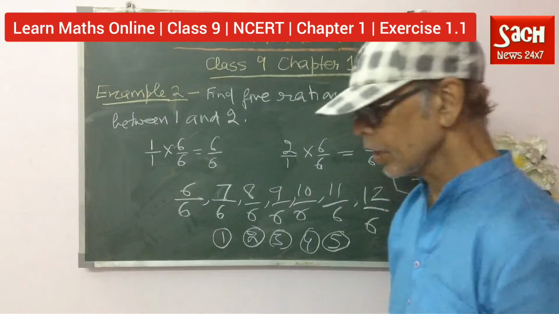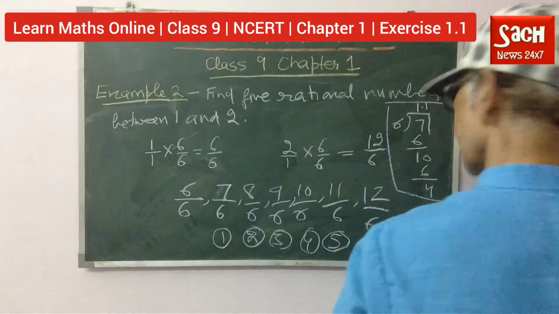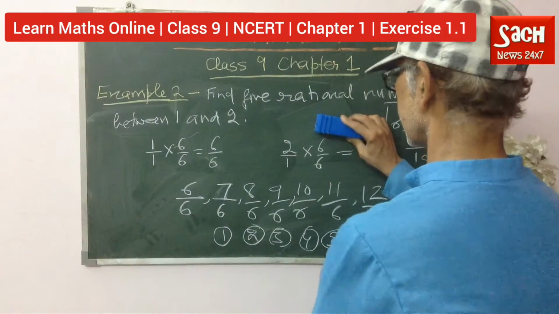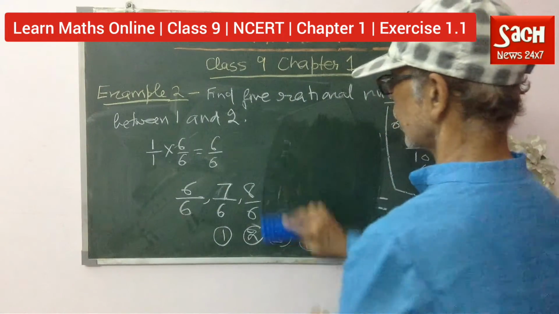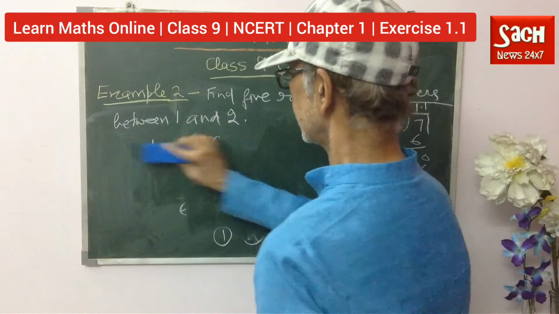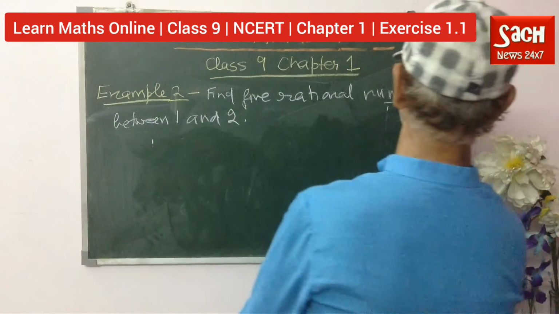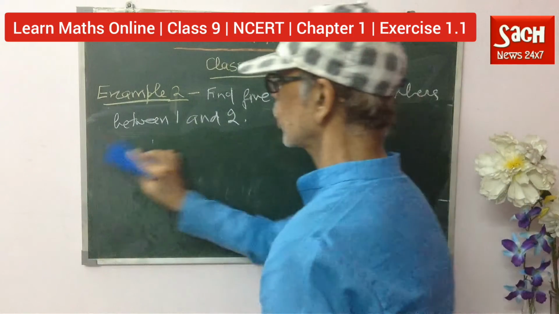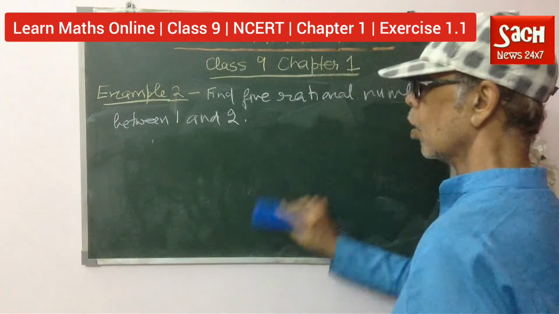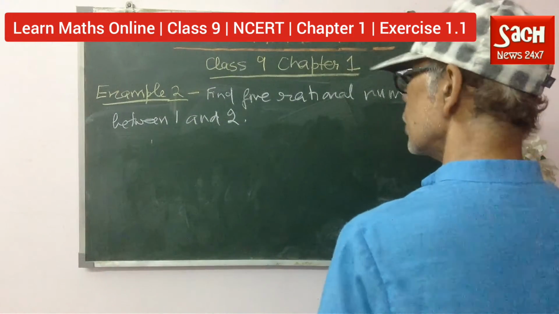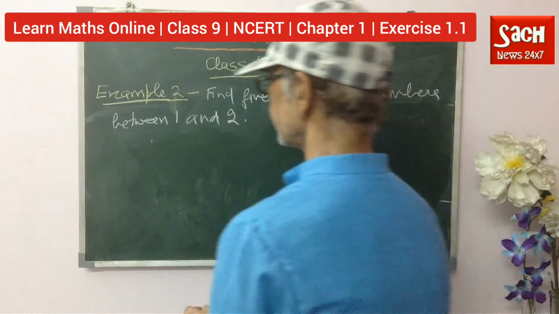What is another way? I tell you another way. Another way is slightly difficult, but it is given in your NCERT book, how you will find a number between 1 and 2. You can do it in this way.